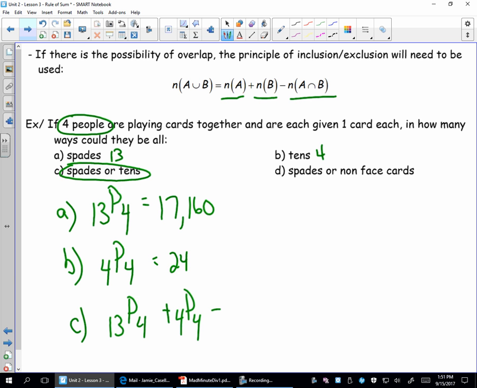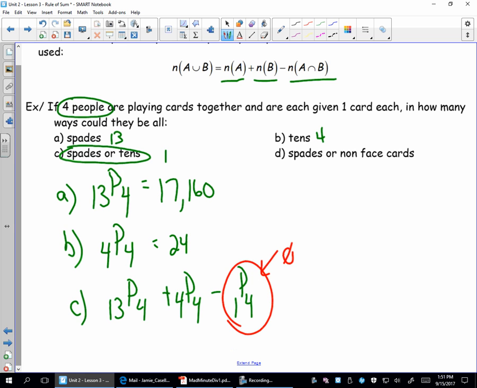Well, is it possible to give out 4 cards that are spades and tens? No. There's only one of them. Right? I can't do 1P4. That's not possible. This calculation is impossible. That can't be done. This is 0.